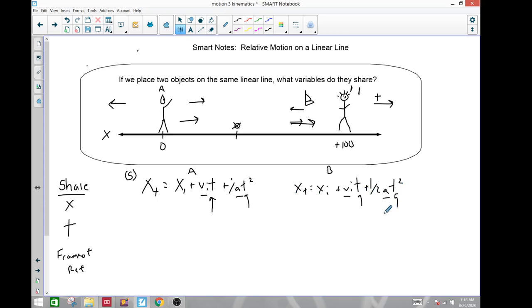So the way we solve for that time could be as simple as just solving for this t, or if we need to use a quadratic because we have a square and a component here, then we've got to use a quadratic.